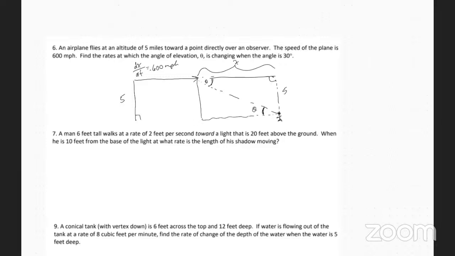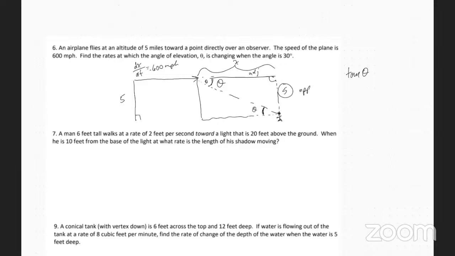So we've got x, we've got theta, and then we have 5. How is theta related to 5 and x? Well, that's the opposite and the adjacent. What relates the opposite and adjacent together? Tangent. Tangent is the opposite over adjacent, so the tangent equals 5 over x.